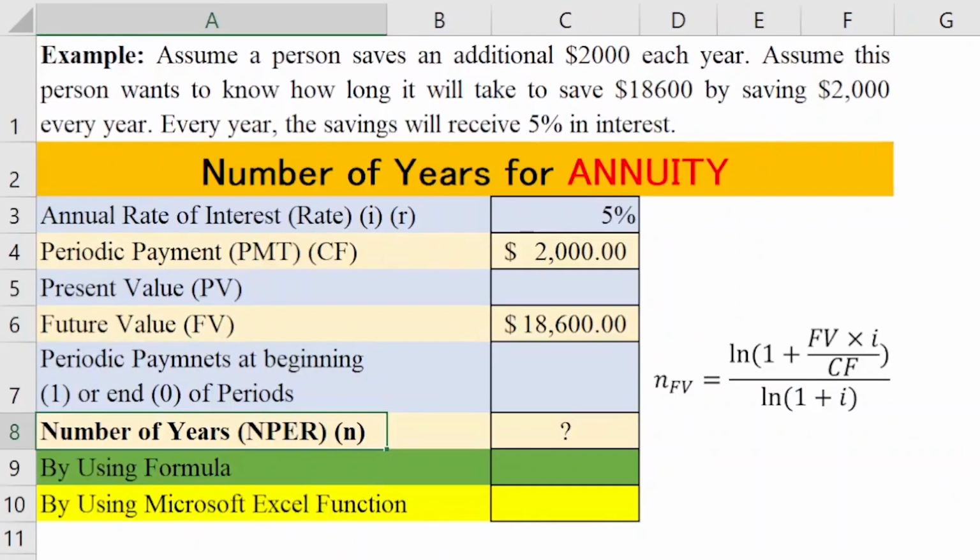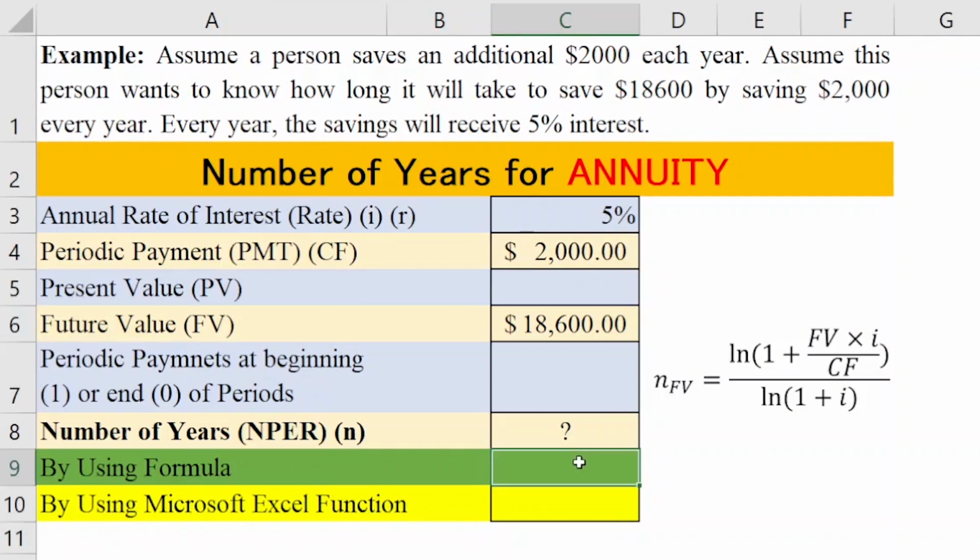So according to the example, $2,000 is the periodic payment that we will make in each year. 18,600 is the future value and 5% is the interest rate.